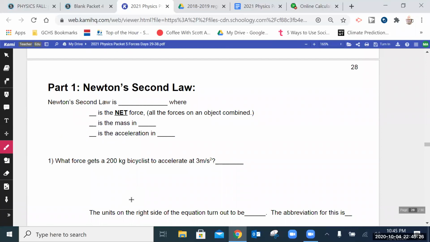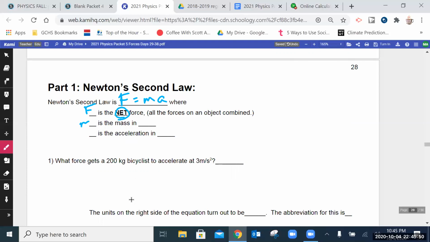New notes. Newton's second law is F equals ma, where F is the net force. I want to make sure it's the net force. You have to add all the forces together in one way or the other, using Pythagorean theorem perhaps, or other fancy math.